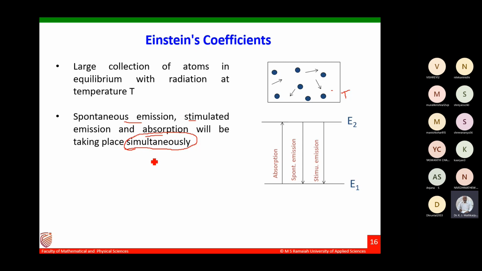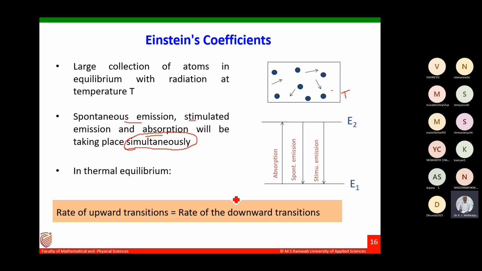That demands that the mathematical, pictorial representation is that absorption, spontaneous emission, and stimulated emission are all happening continuously and simultaneously. At thermal equilibrium, what should happen?